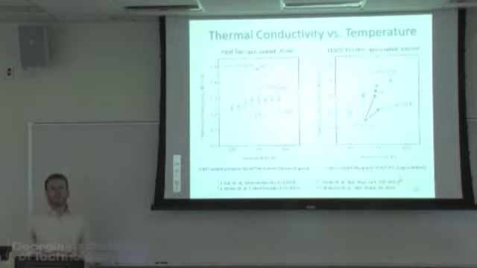Then we also looked at some PEDOT:PSS. This is some high conductivity grade PEDOT:PSS from Sigma Aldrich, and we measured the conductivity at about 60 Siemens per centimeter. What we see here is a strong temperature dependence around room temperature, which doesn't fit the T to the N behavior that you would expect from this sort of polymer film. There's a much stronger increase in thermal conductivity in this system.